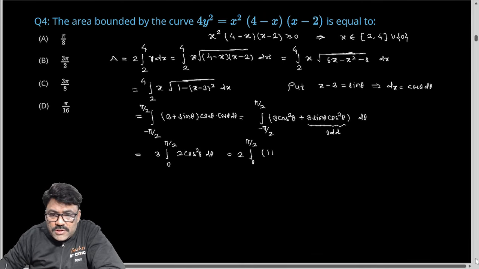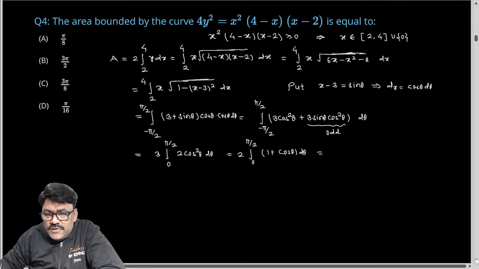2 cos square theta can be written as 1 plus cos theta. Let's integrate. So it is theta and integration of cos theta is sin theta.